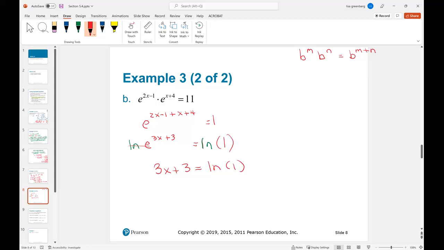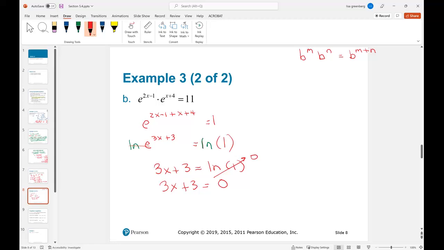Oh, the natural log of 1, we know what that equals. We've seen that many times, haven't we? It's equal to 0. The natural log of 1, any log of 1 is always 0.